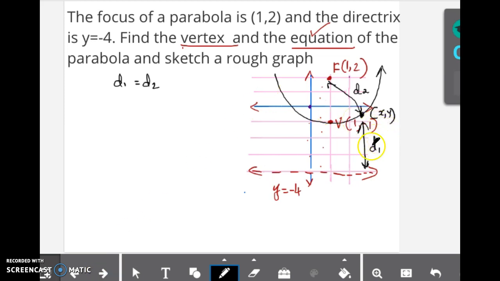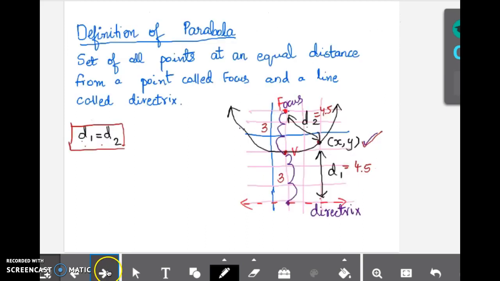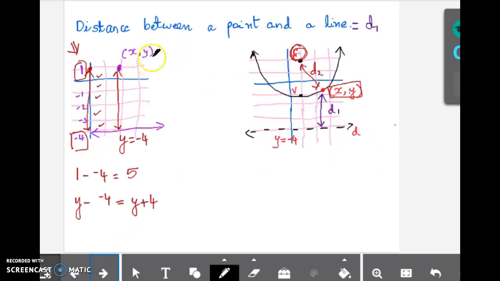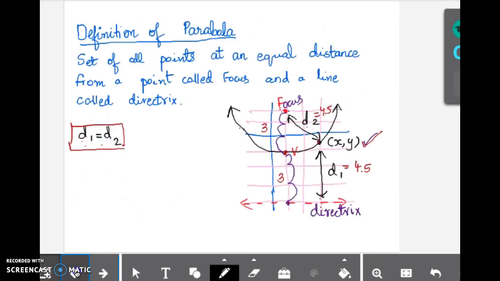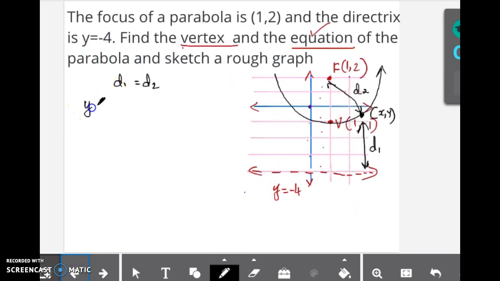Now d1 is the distance between the point (x, y) and the line y equals -4. When I showed you an example with a point (x, y) and a line y equals -4, we found the distance to be y plus 4. So this is our d1. I'm going back to my first screen and I'm going to call d1 y plus 4. Now d2 is the distance between the focus and a random point (x, y).